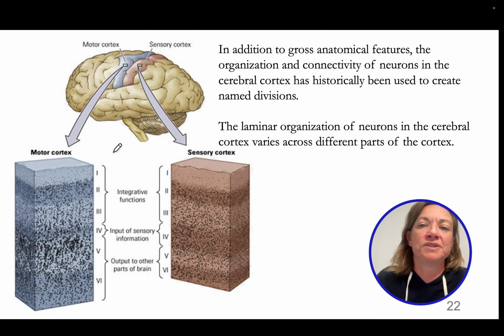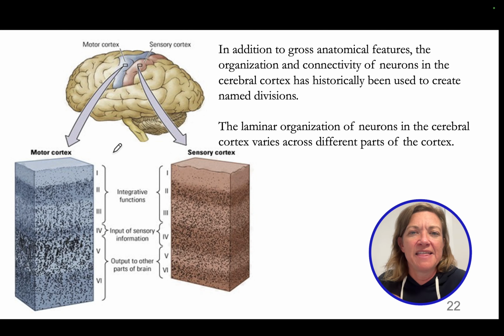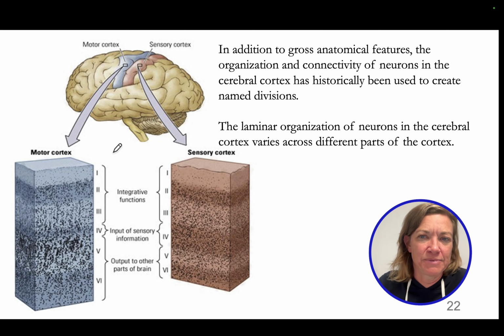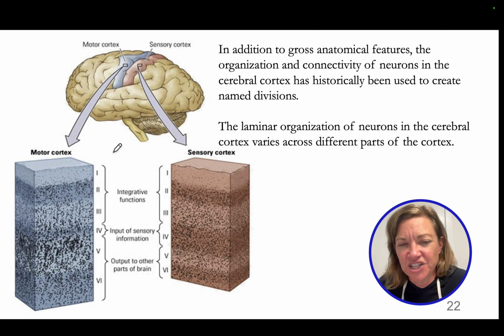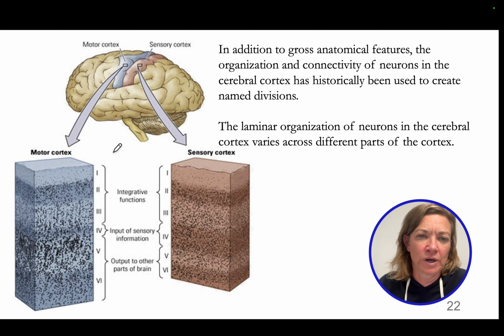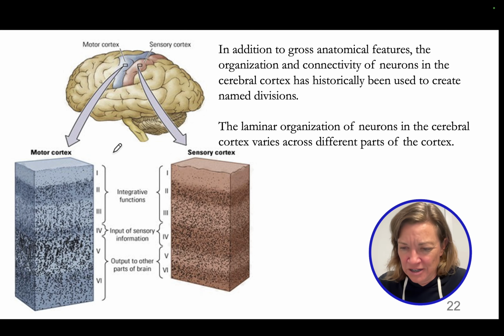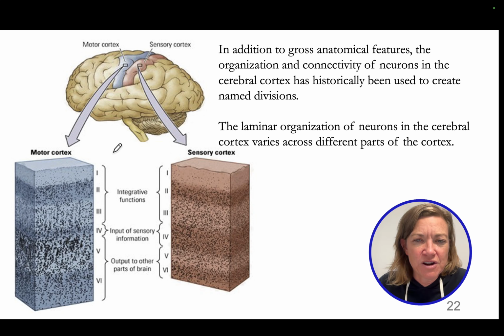Now, in addition to its gross anatomical features, the organization and connections of neurons in the cortex have historically been used to create named divisions. And the feature of interest is the laminar, or columnar, organization of neurons in the cortex. Long ago, people noted that the laminar organization varies across different parts of cortex.